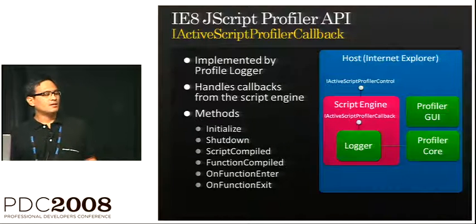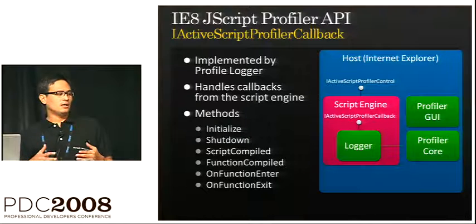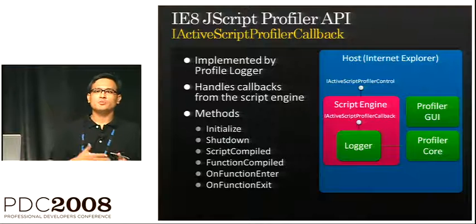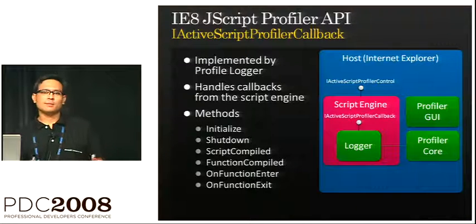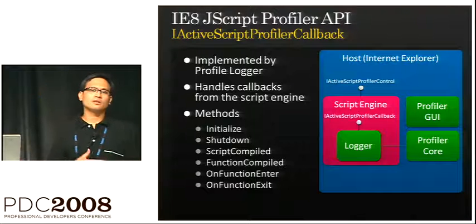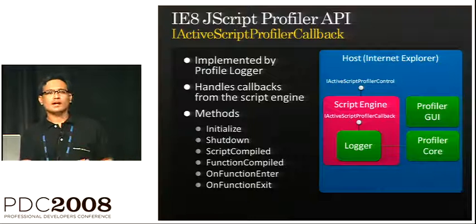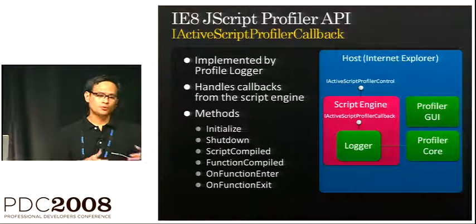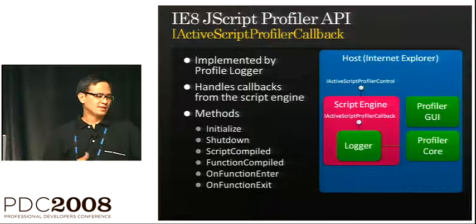The on function enter callback is called when the script engine is about to begin a function call, and the on function exit method is called when a function call returns. So using this interface, you can write your own logger and a profiler, which will allow you to give a richer feature set than the IE8 JScript profiler.